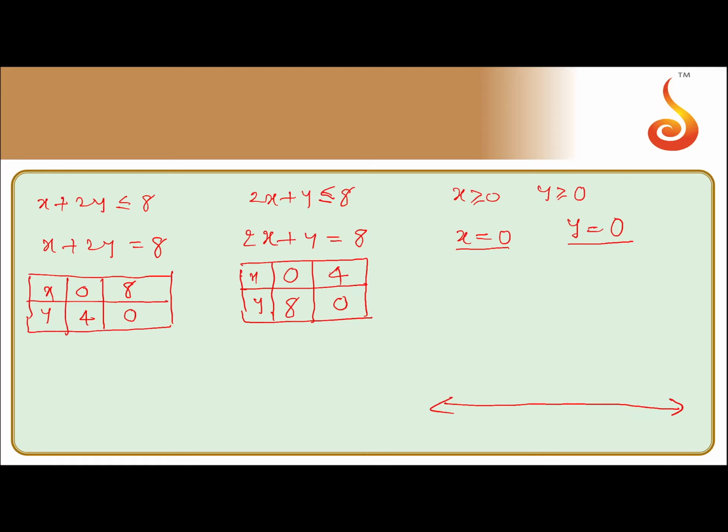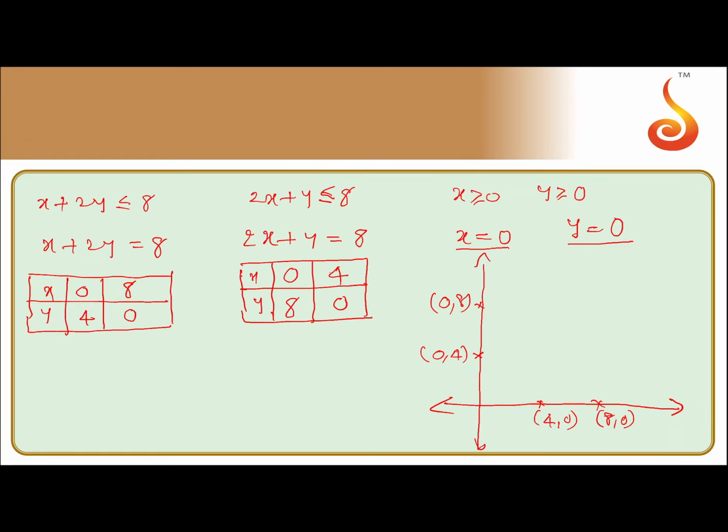The x-axis and the y-axis represent the numbers. 0, 4 is a point on the y-axis, 0, 8, 4, 0 and 8, 0.